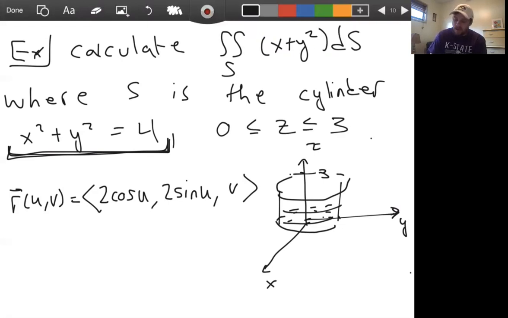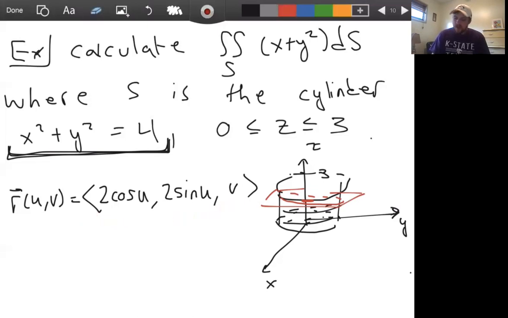I'm using one parameter v to indicate height, and then I'm using the parameter u to indicate what the two-dimensional trace looks like at that height, right? And so when I'm at a given height v, I look at the plane z equals v, and then I see that it's a circle of radius 2. And then I use u to parameterize a circle of radius 2 here.